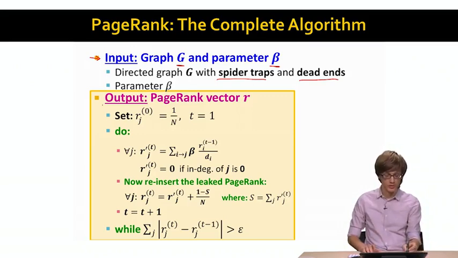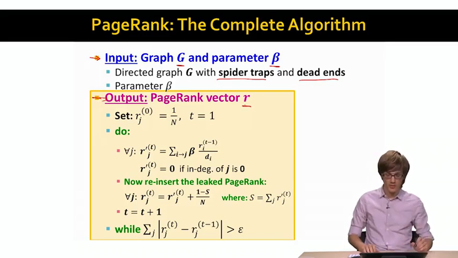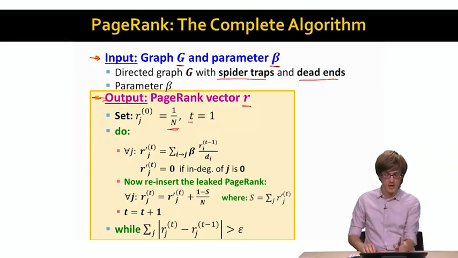The output of our algorithm is a PageRank vector R, and the algorithm operates as follows. At the beginning, we set all the PageRank scores to be equal, 1 over n, and we set time t equals 1.